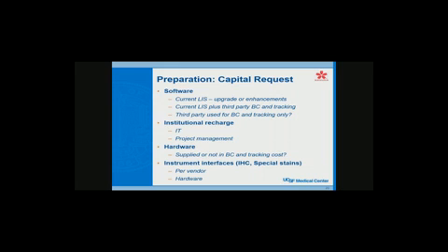Another idea is that maybe you look at it and the price is high enough, or maybe you have an old system, or maybe you don't have a system, so maybe a new system is the way you want to go with it. It's totally new. Some of the newer systems out there are designed for barcoding right from the start, and they have much more modern software. And then you have to think about the institutional recharge. I mentioned our IT department. We also have a project management department, and they basically take over and manage it for you.